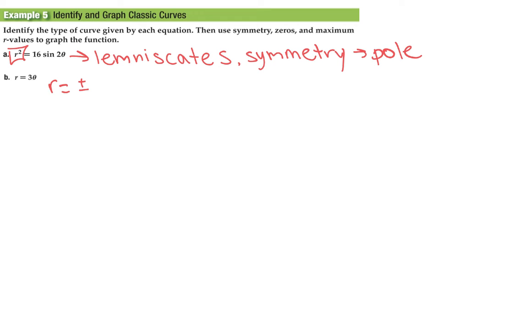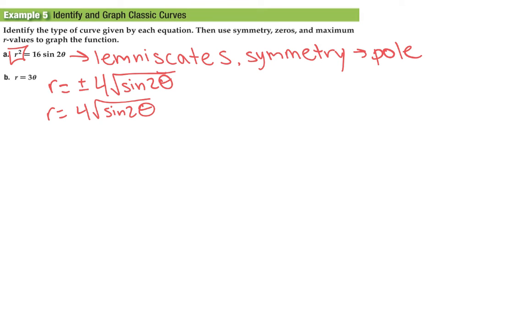That would give us plus or minus 4 and then the square root of sine 2 theta, which is undefined when sine is smaller than 0, so it has to be positive. So r is actually going to equal 4 times the square root of sine 2 theta. We know we are going to have to restrict it to where sine is positive.